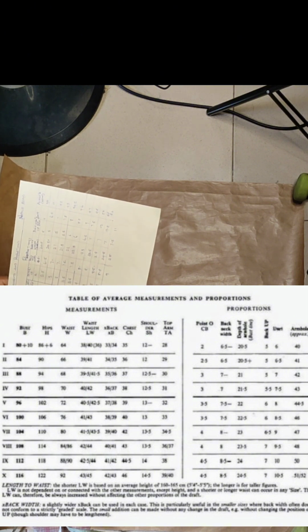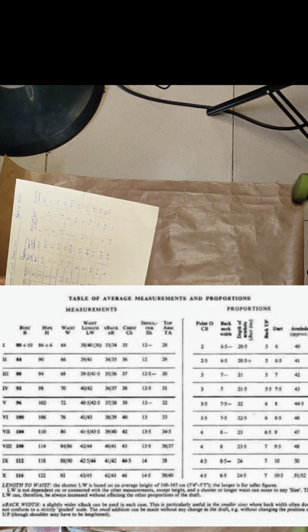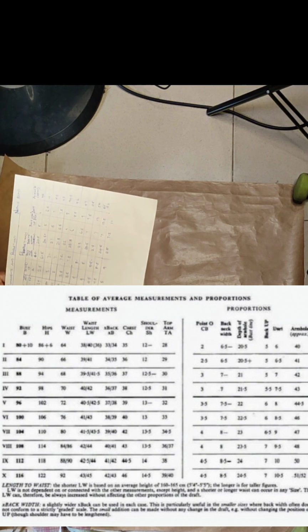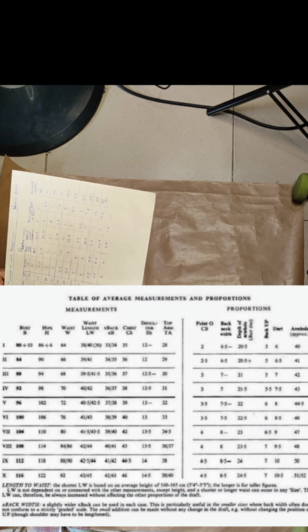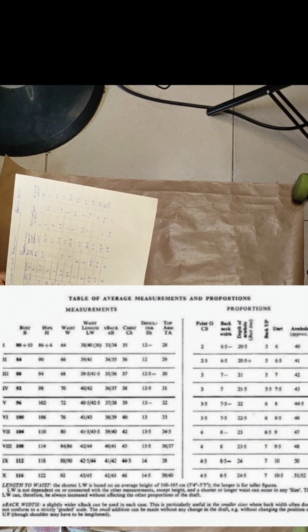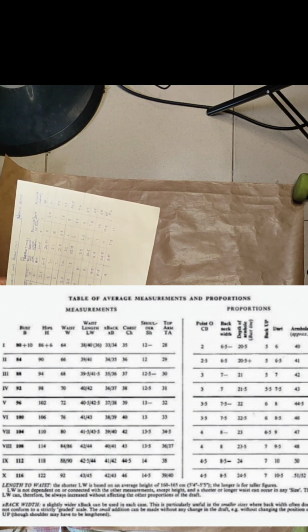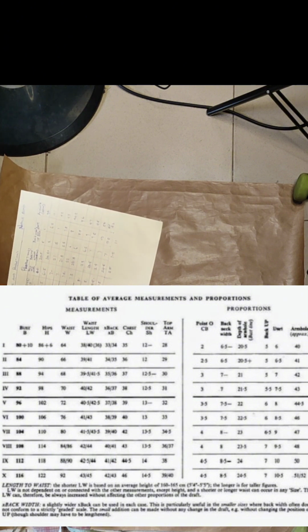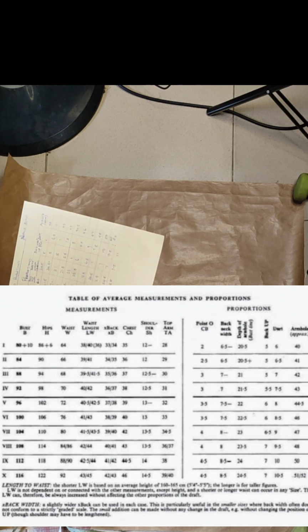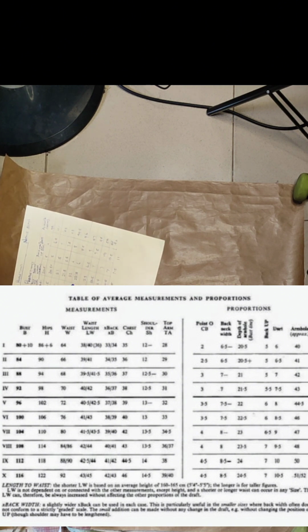You get your bust measurement, and you find it on this bust measurement column. If your bust is 100, then on your proportion table, your point O or the CV is going to be 3.5, your back neck width is going to be 7.5, and your depth of arm O is going to be 22.5 cm.